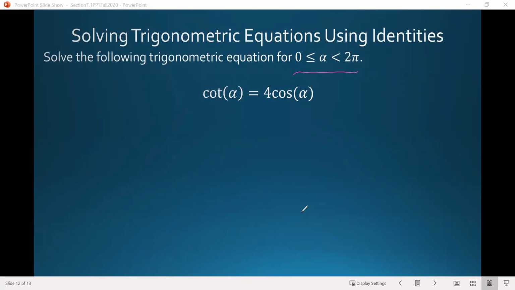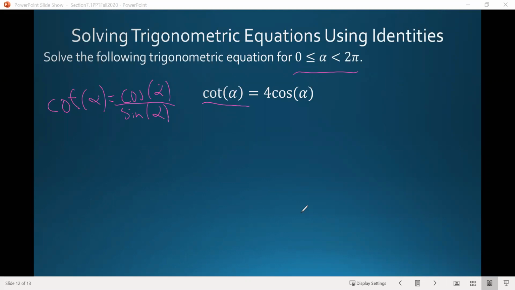But we do know we have an identity for cotangent, right? And we're going to break it down in terms of sines and cosines, especially because there's a cosine on the other side of the equation. So in this case, we know that cotangent is equal to cosine of alpha over sine of alpha.